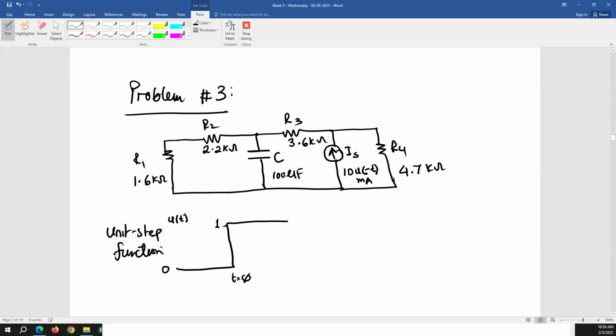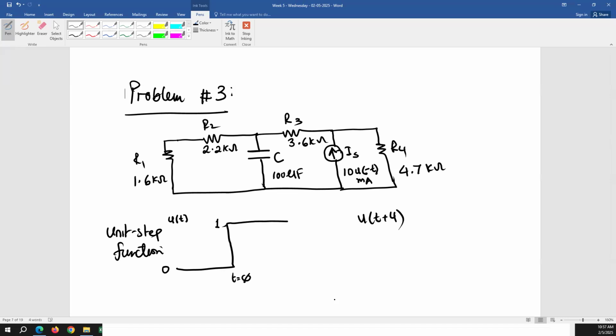So now you can play with the argument. You can change it. For example, u(t+4). So what do you think, when is this function going to become 1 and when will it be 0? When t is negative 4, then it's going to be u(0). And when t is negative 3 it is u(1), t is negative 2, u(2).